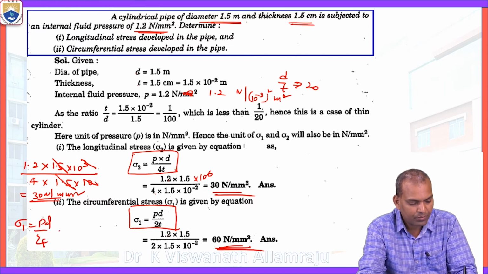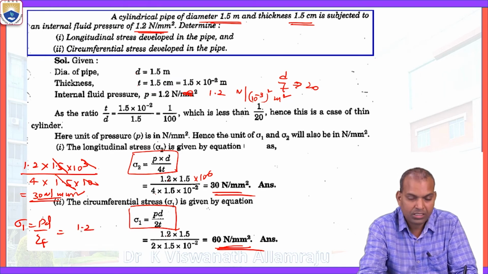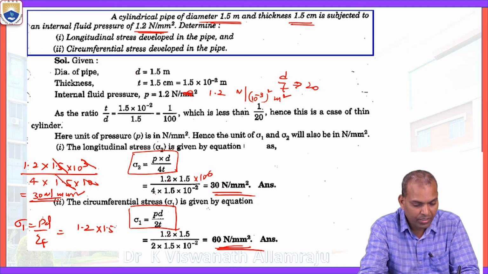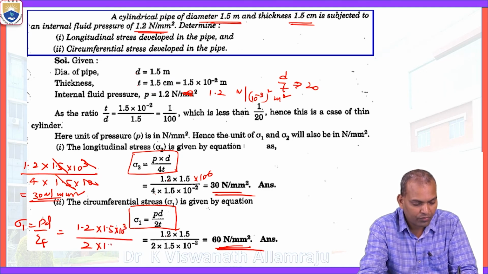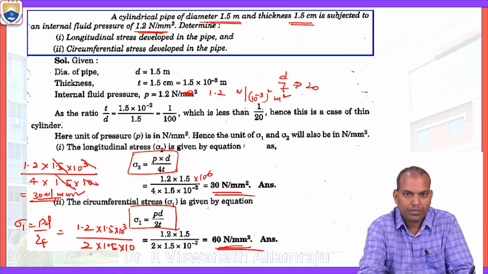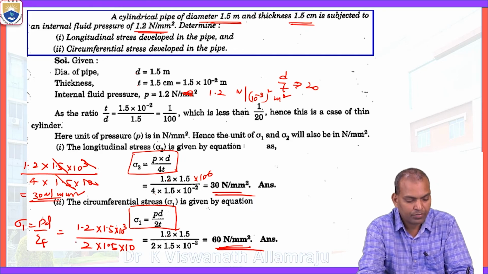What is the internal pressure? P is 1.2. Consider it in Newton per square millimeter. D is 1.5 into 1000 by 2 times T. The 1.5 is in meters, convert into millimeters, so everything is in Newton and millimeters.